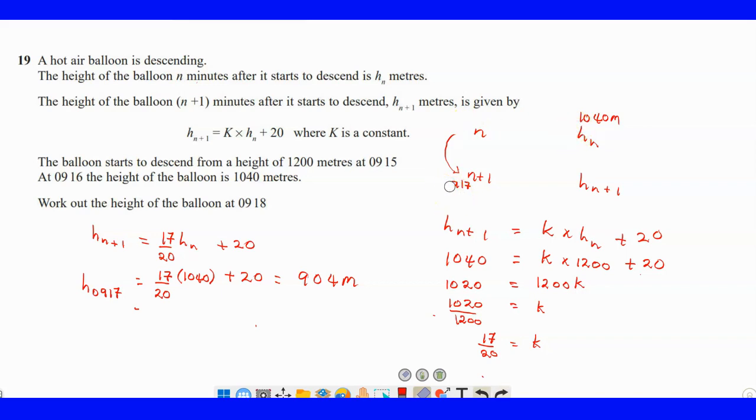We want to go to 9:18, so we're going to input the values that we have for 9:17. We have a height of 904 meters.